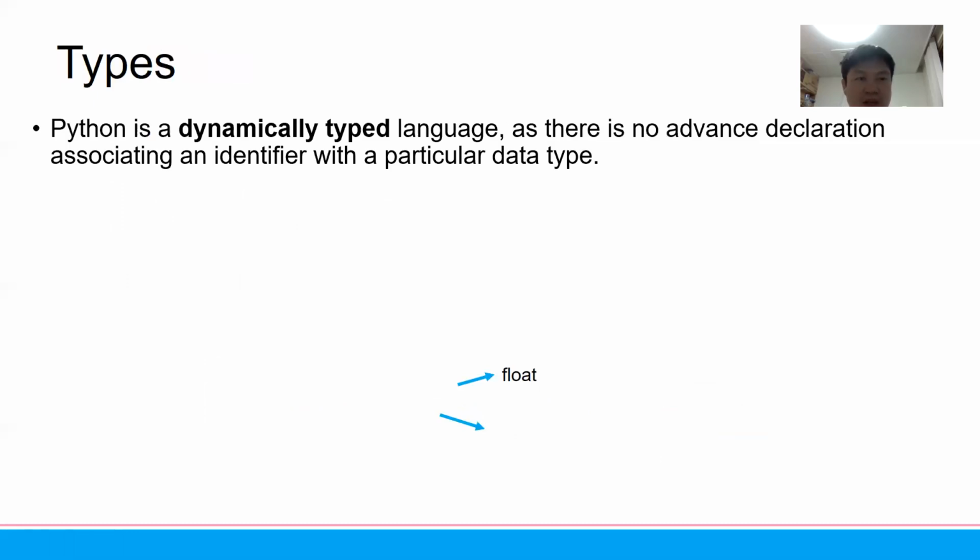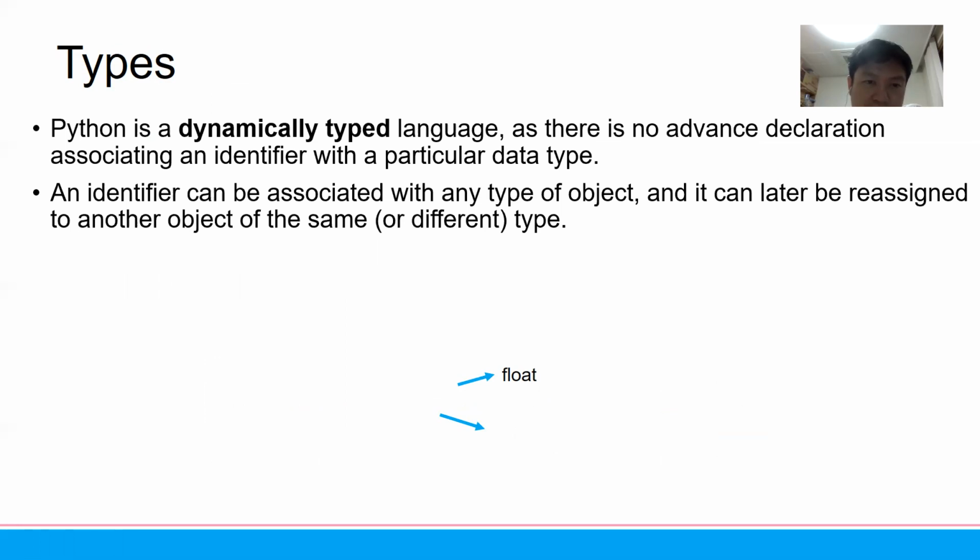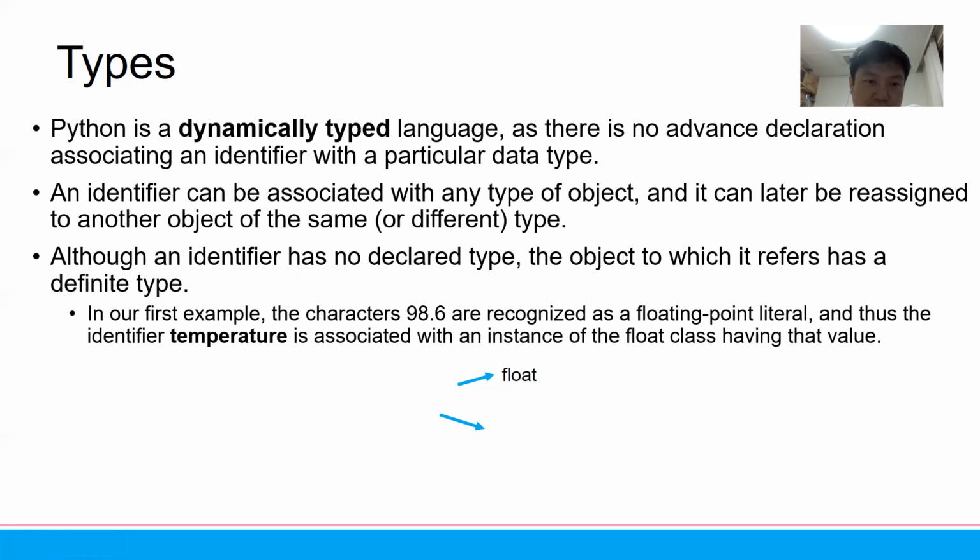Python is dynamically typed, which means the type is not defined like what you did in Java, C, C++, or C sharp. So there is no advance declaration. When you have an identifier, it will be associated with some object, and it can later be reassigned to another object. I will show you an example. If you have an identifier with no declared type, the object to which it refers has a definite type.